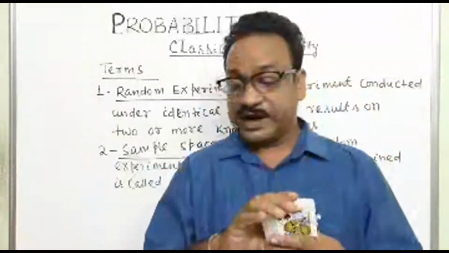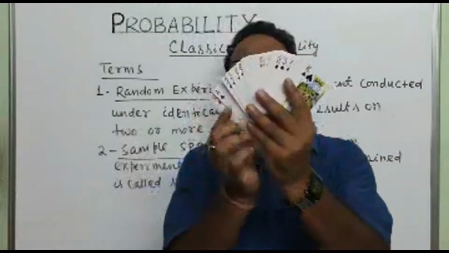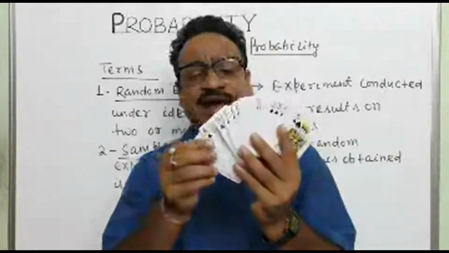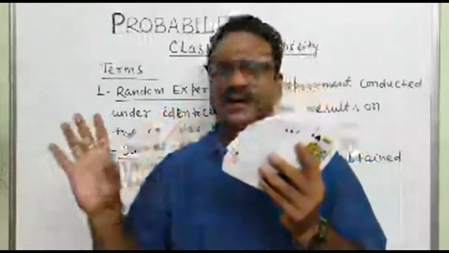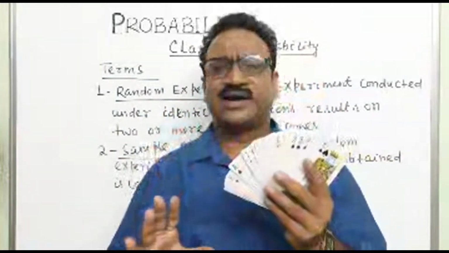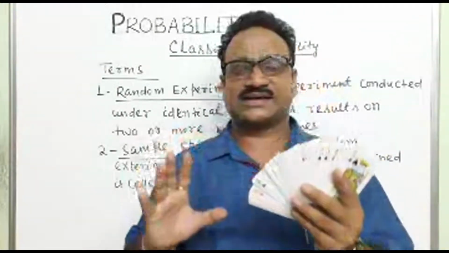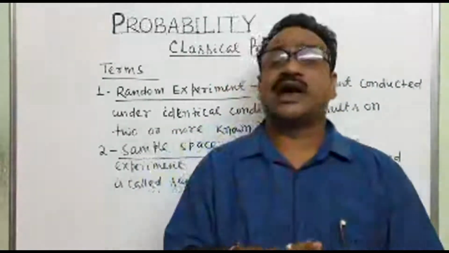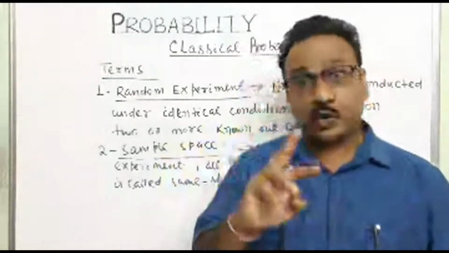It is divided into 4 categories: heart, diamond, spade, club, then jack, queen, king, ace, number cards, face cards. I will tell everything one by one, about the cards, dice, coins, double coin.